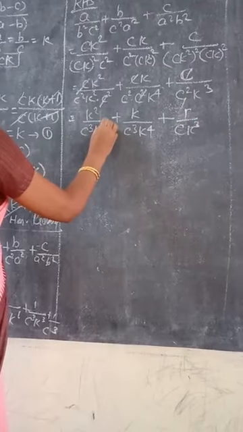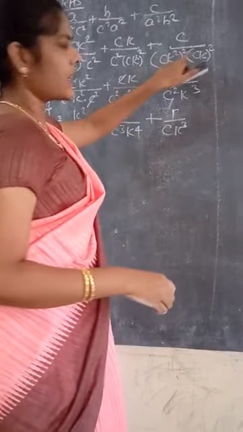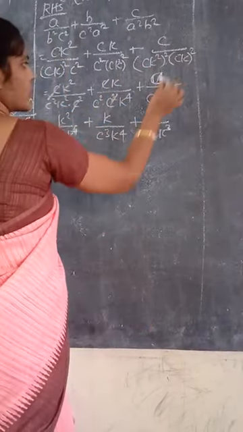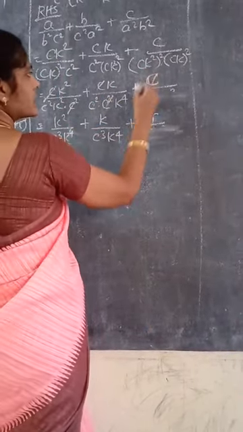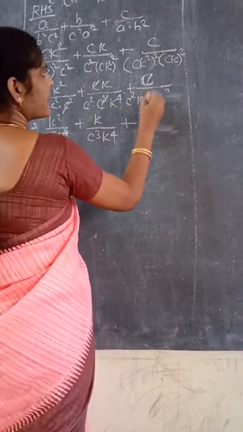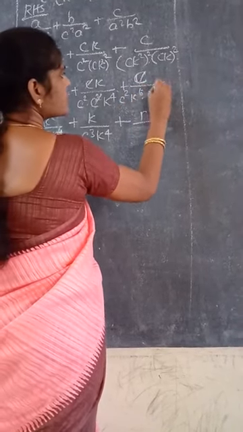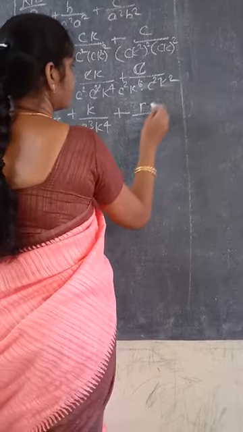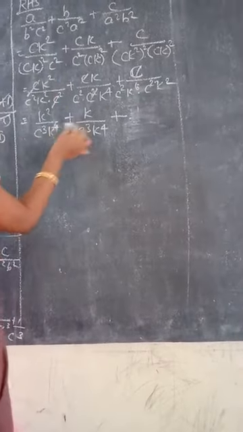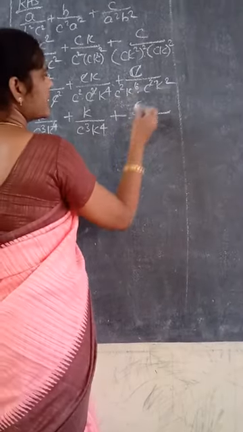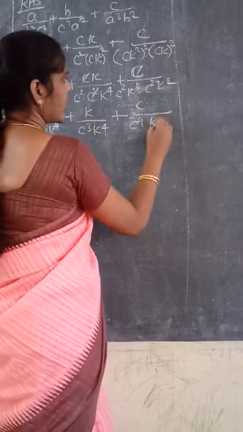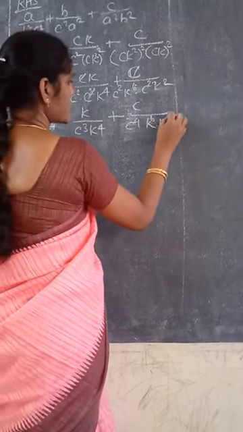Now listen, here I missed the square term, you add square. So if you add square, the term is c squared k power 6 into c squared k squared. Okay, next term, here c divided by c power 4 k power 6 into k squared.